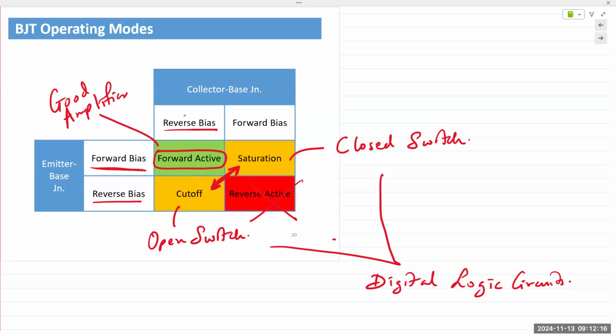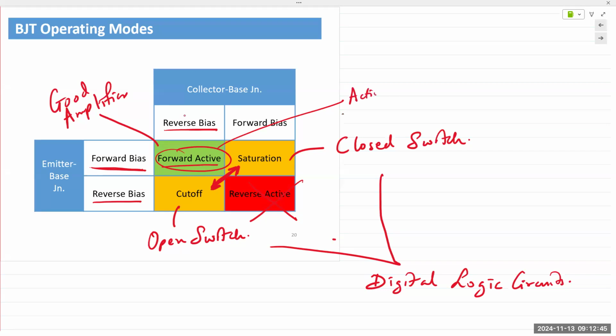Where we actually want it to work is the forward active, or simply known as the active region. And that occurs when the emitter-base junction is forward bias and the collector-base junction is reverse bias. When the emitter-base junction is forward bias, all of the charge carriers that are present in the emitter are injected into the base region, and current flow can occur.